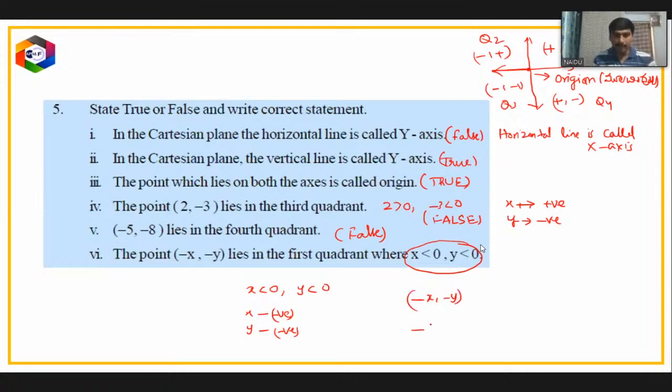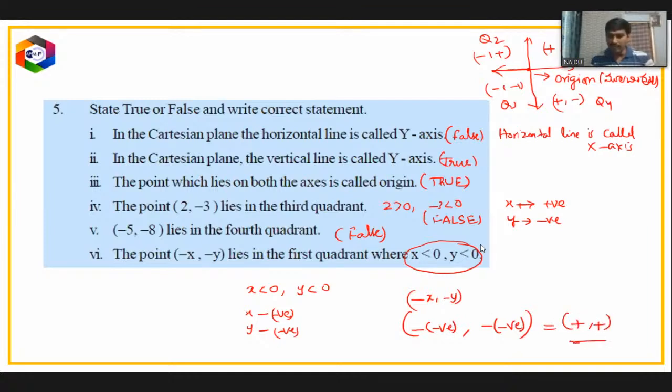As we know that x is negative, minus of negative, comma minus of, again y is negative, negative of negative. Minus into minus, as we know, negative of negative is positive and negative of negative is positive.